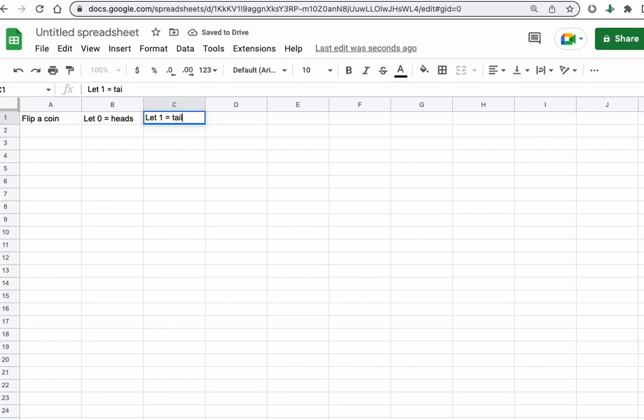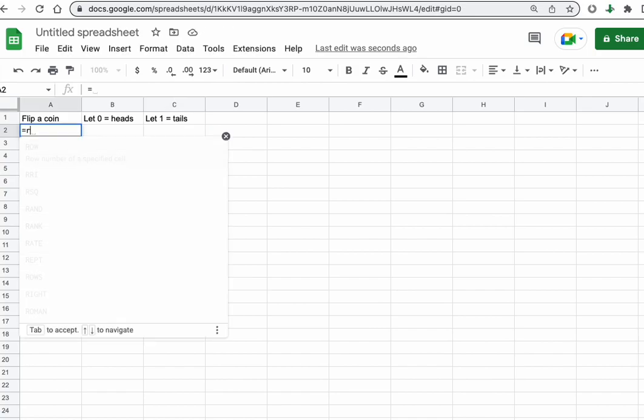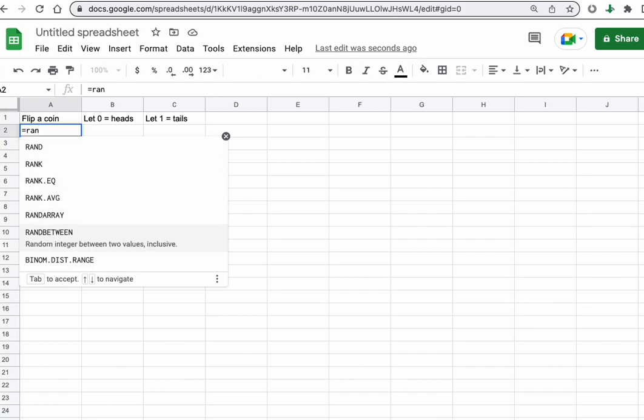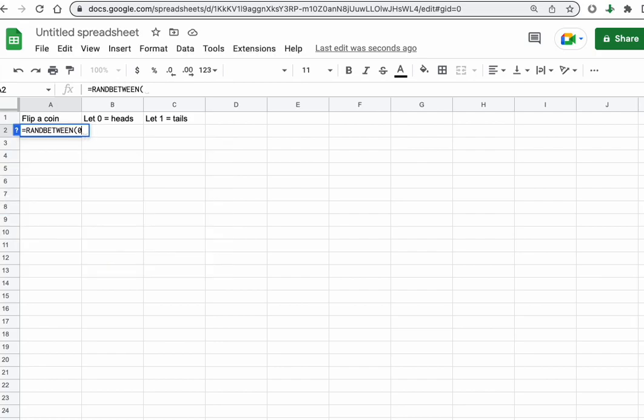You can choose whatever 2 numbers you want, but if I flip a coin 10 times, I would use a random integer function. On Google Sheets or Excel, it's RANDBETWEEN. It'll allow you to randomly select between 2 numbers. Right? So RANDBETWEEN, and I want it to be 0 and 1.